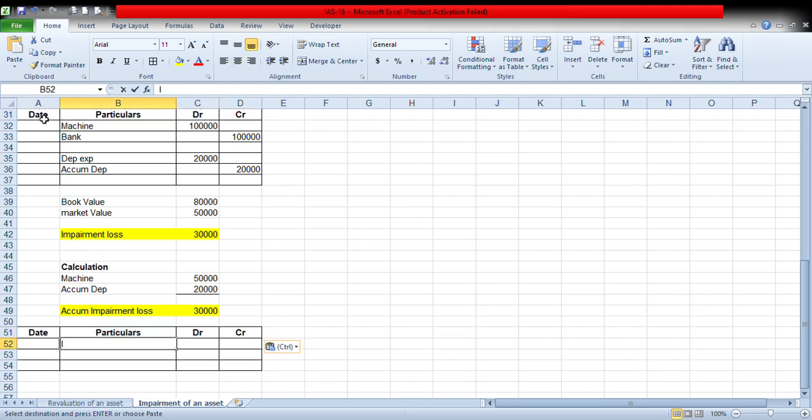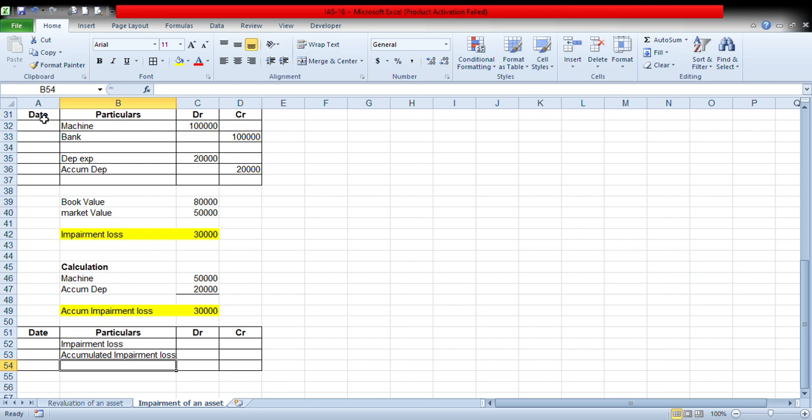Yes, impairment loss debit, accumulated impairment loss. You can also credit the fixed asset of 30,000, because it's decreasing, right?